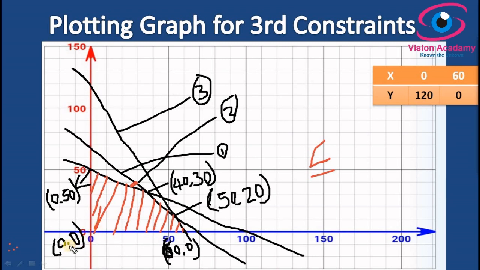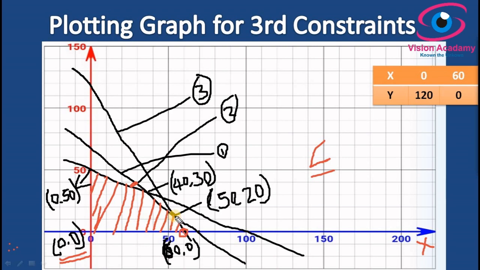After finding the feasible region, we have to find the corner points. At the origin, x and y are 0, 0. At this corner, x is 60, y is 0.